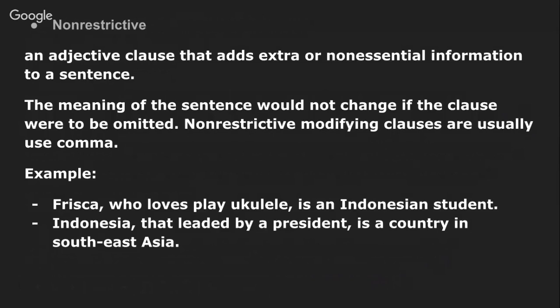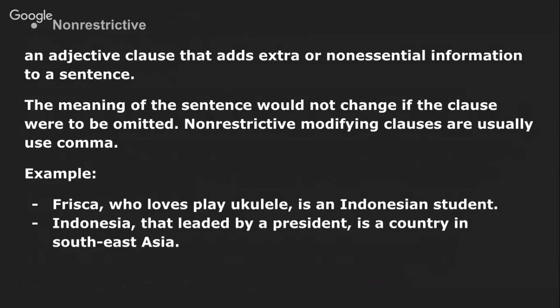For example: Frisca, who loves playing ukulele, is an Indonesian student. What if I just take off the comma from that sentence? No, you can't take off that comma, because who loves playing ukulele is not important information.